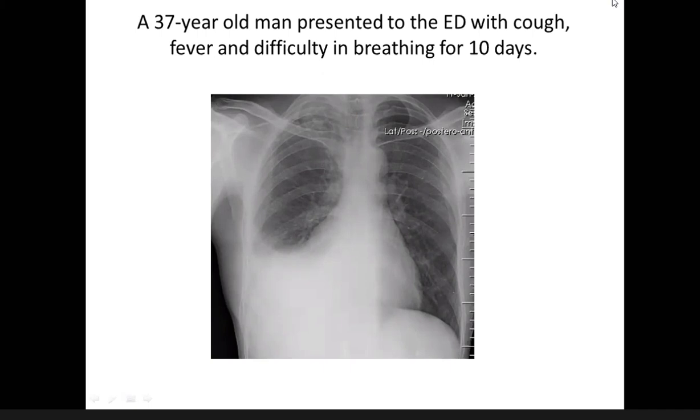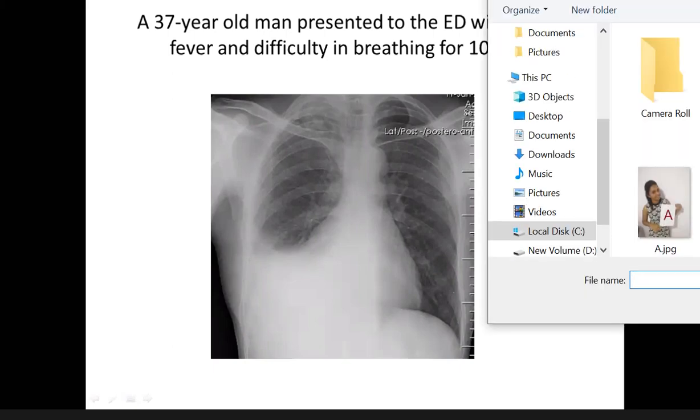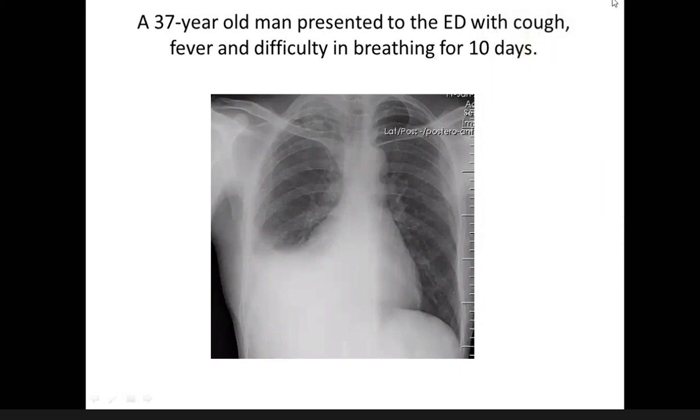A diaphragmatic silhouette sign. So you cannot see the diaphragmatic borders very clearly. If the right heart border is obliterated, then it's the right middle lobe. If the diaphragm is obliterated, then it has to be the right lower lobe.